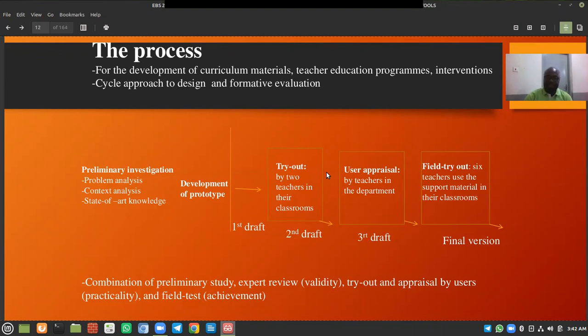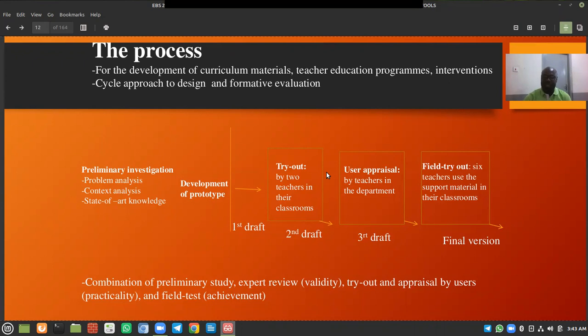This second draft is then used for another level of appraisal by other teachers in the department. Here, the other teachers in the department will also bring their inputs to bear. Contributions will be sought from different teachers who are also a part of the team, the teacher design team that we spoke about earlier on.